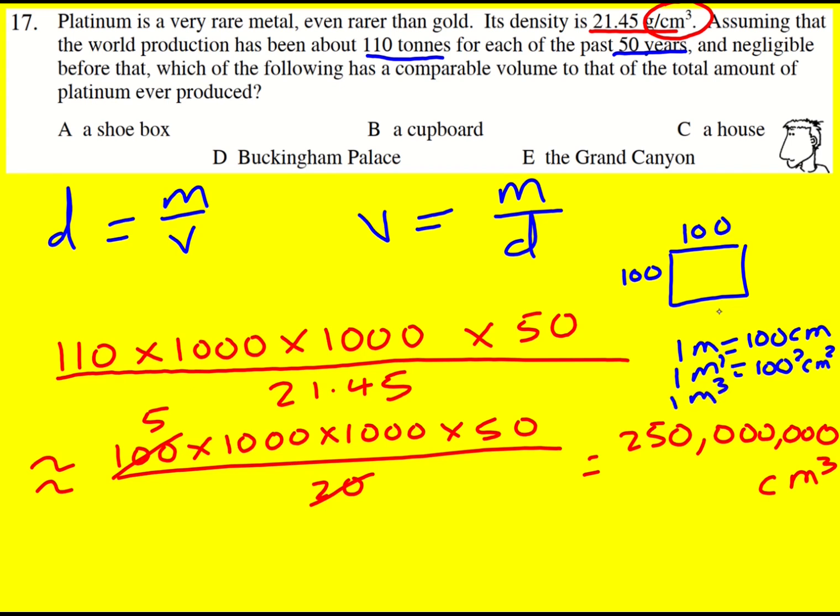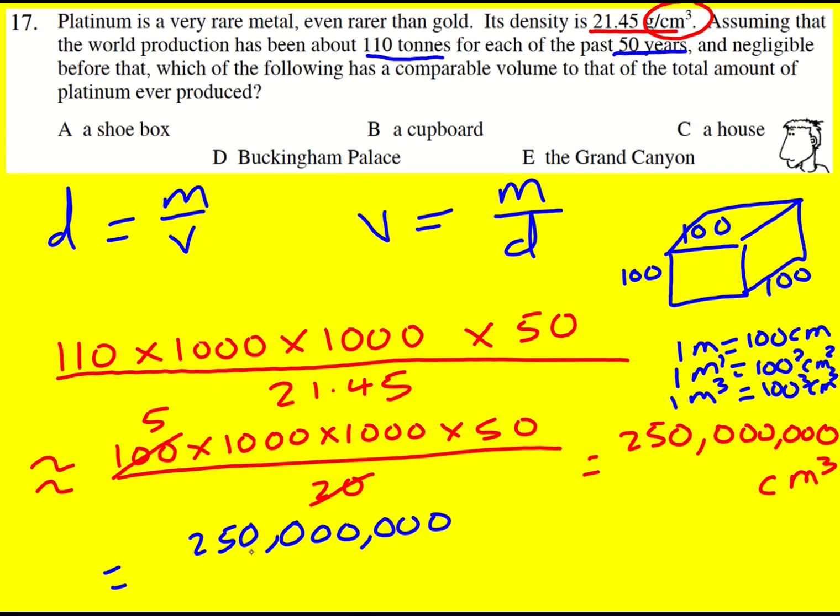And then going to volume, extending it again, 1 meter cubed is going to be 100 times 100 times 100 centimeters cubed. So what I'm saying is we have to divide our 250 million by 100 three times. 100 times 100 times 100. Then that will be in meters cubed.